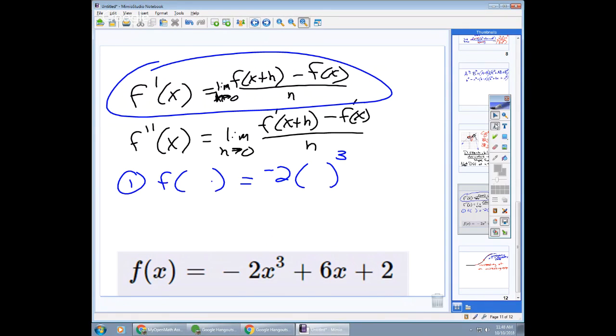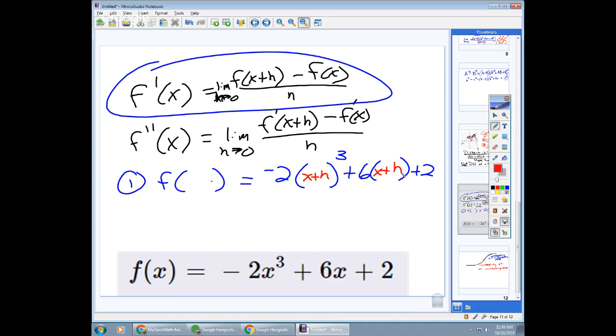All right, so then we've got what? Plus 6 parentheses, plus 50. And then into that, we're going to drop our x plus h, our x plus h. And then we just have to be really careful. Now we saw the pattern for the cubic, so you can look back at your notes for it.